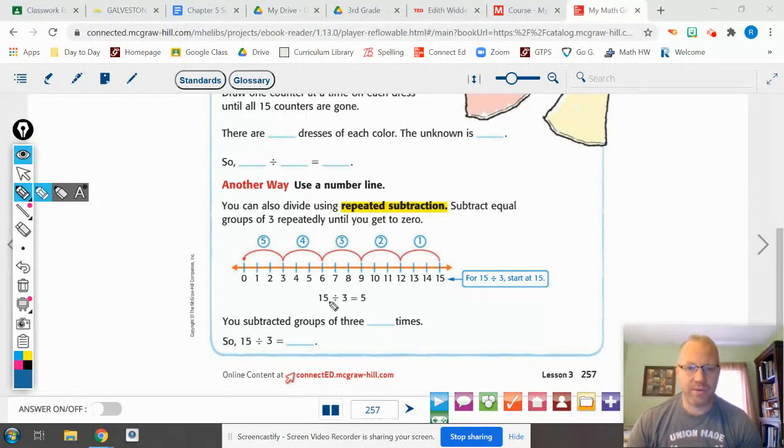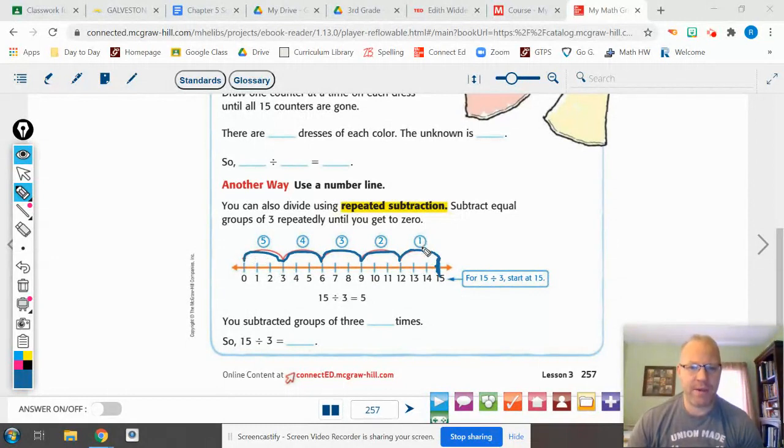We're going to start with 15 total. So we're starting on the 15 on the number line, and we're going to take 3 away each time. So we jump 1, 2, 3. 1, 2, 3. 1, 2, 3. 1, 2, 3. 1, 2, 3.